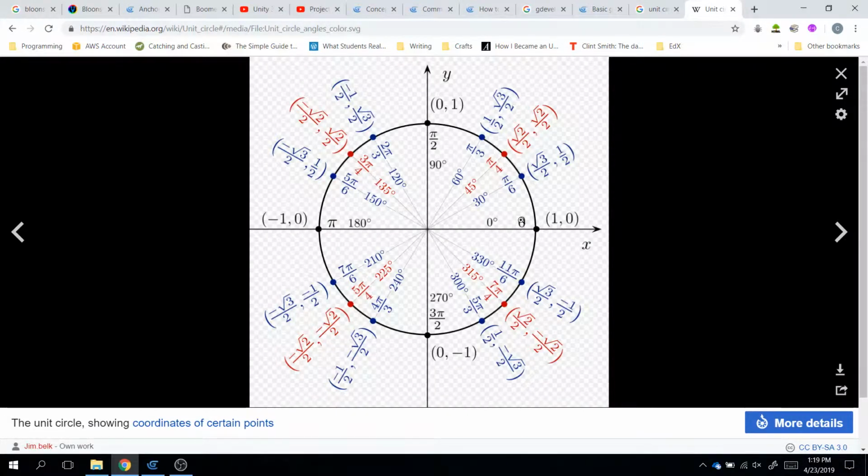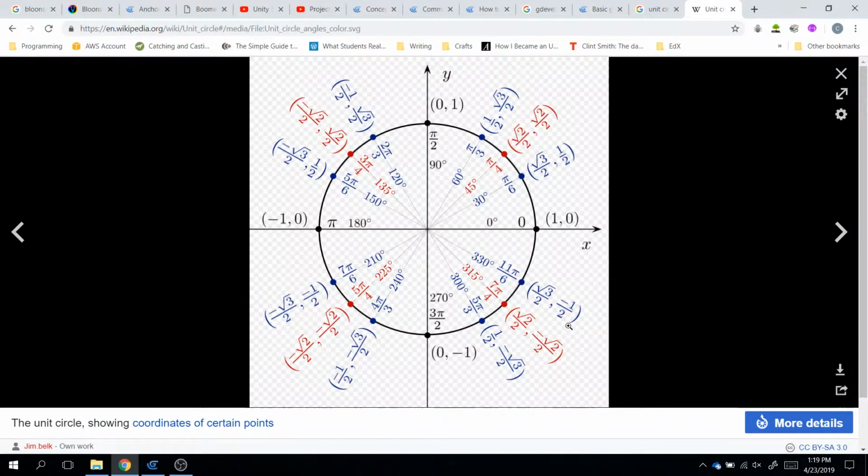The cosine of the angle is the x value. Cosine of 0 is 1. Cosine 90 is 0. Cosine 180 is -1. Cosine of 270 is 0.